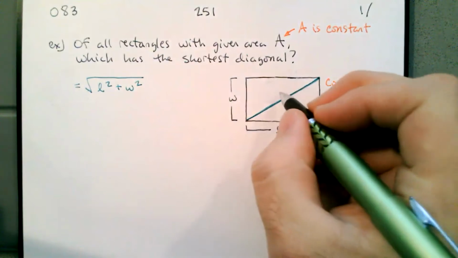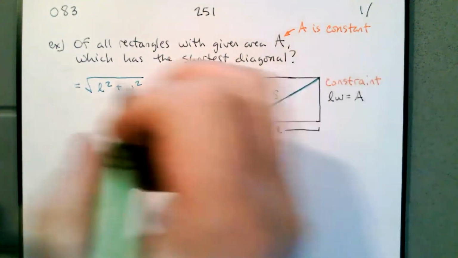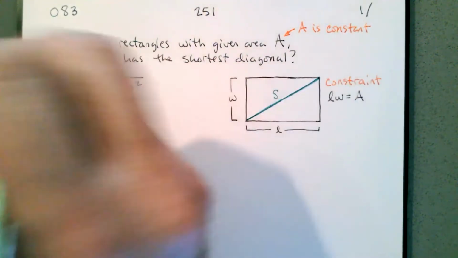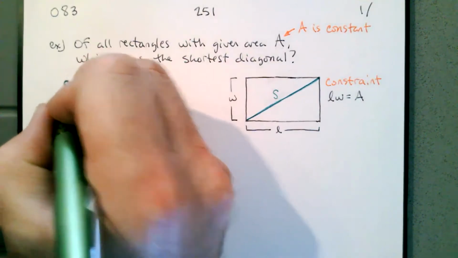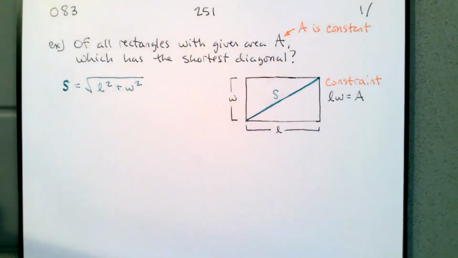Let's call it S. That makes sense. S for shortest diagonal. Now it actually works. So we know that the diagonal that we're trying to minimize is the square root of L squared plus W squared. That's our objective.